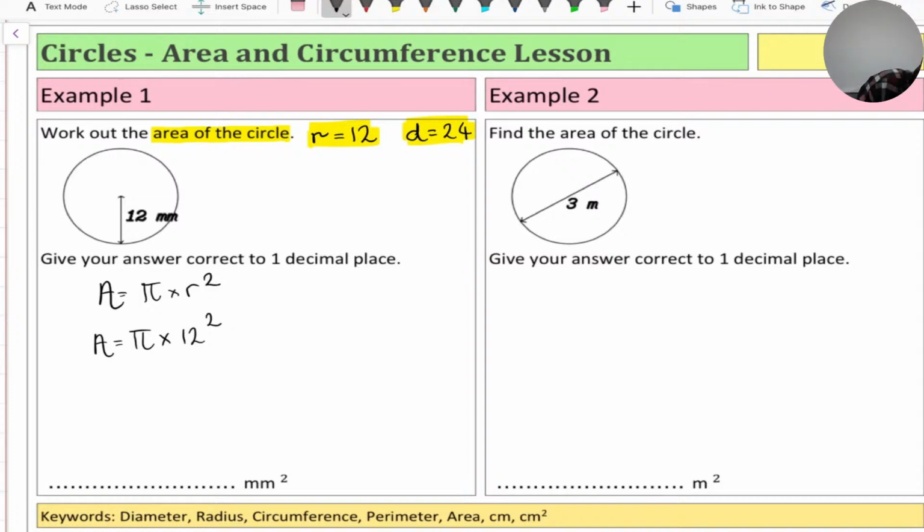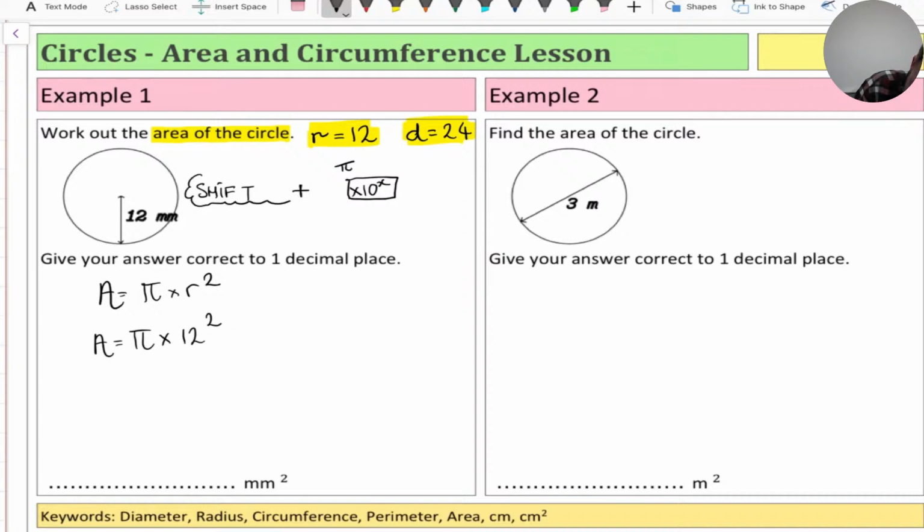So your pi button, it's this key here that you need to be above. And you've got to press shift first, which is in the top left. And then you press that button, okay?